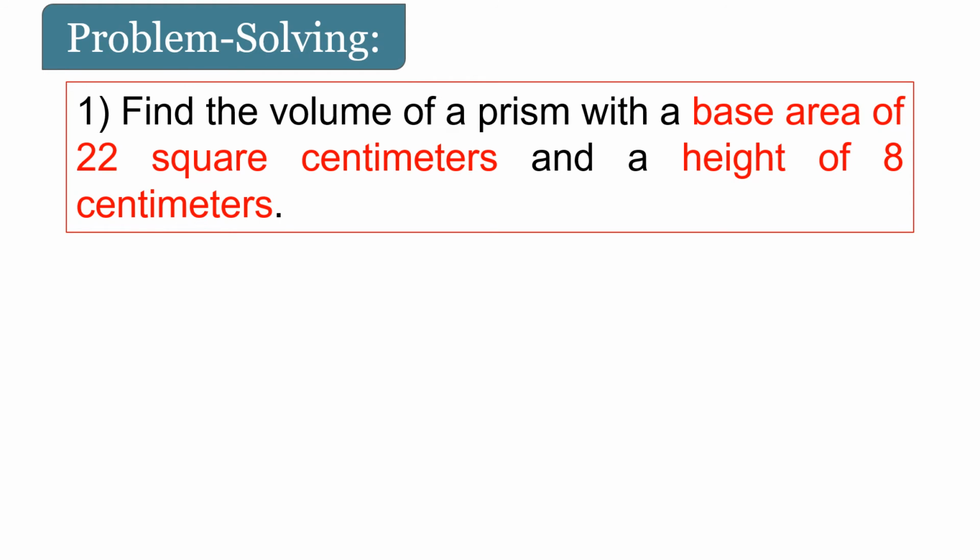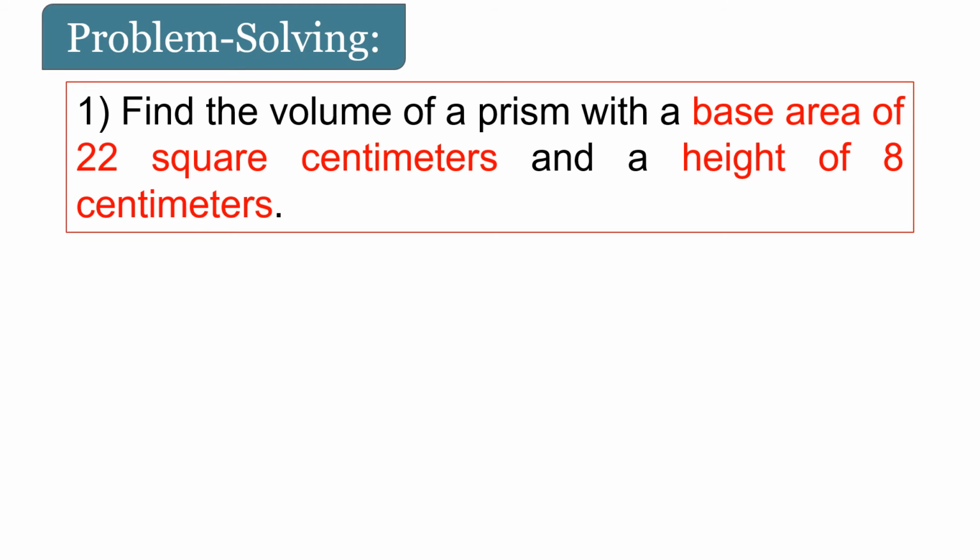Now, let's move on to problem solving. So instead of us just looking at a certain three-dimensional figure or a prism, let's move on to word problems. Find the volume of a prism with a base area of 22 square centimeters and a height of 8 centimeters. So as you can see in the problem, the base area is already computed.